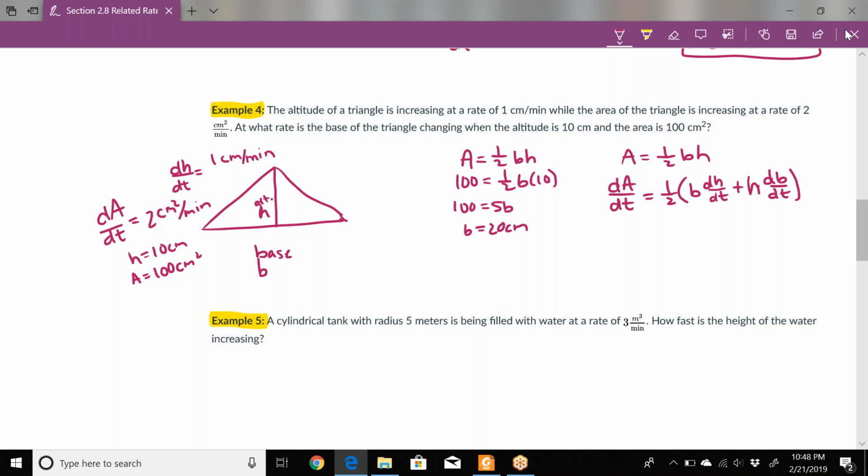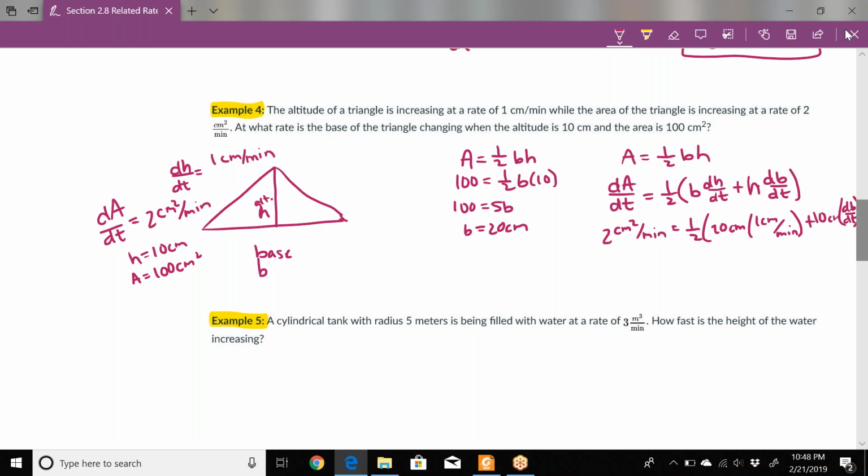So we know dA/dt. We know that that is 2 centimeters squared per minute, equals 1/2 times B, which we said is 20 centimeters in this scenario, and dH/dt was 1 centimeter per minute. And then plus H, which is 10 centimeters, and we don't know dB/dt. That's what we're looking for.